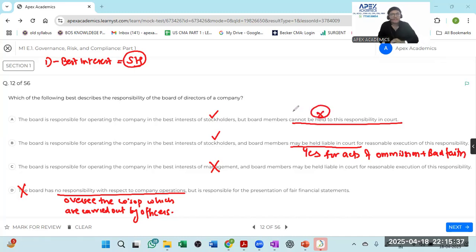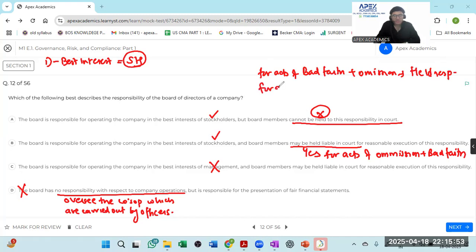Sir, cannot be held responsible is a wrong statement for acts of bad faith, omission. They will be held responsible for acts of good faith. For what?